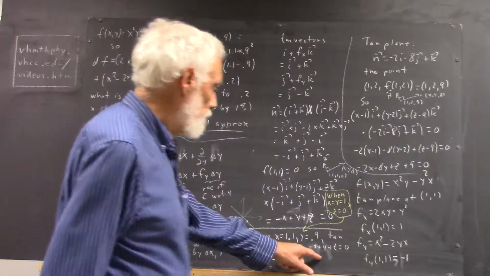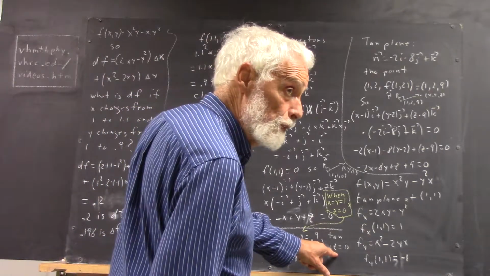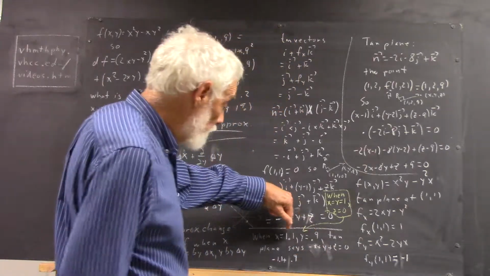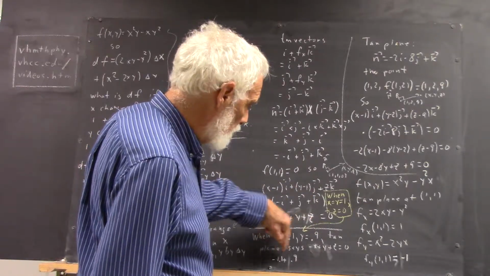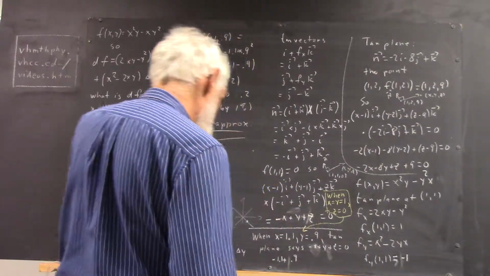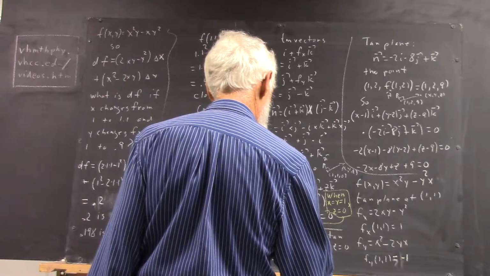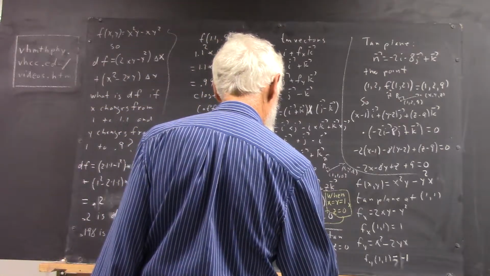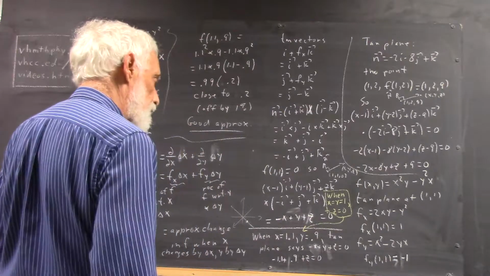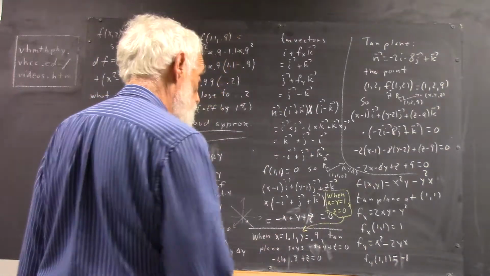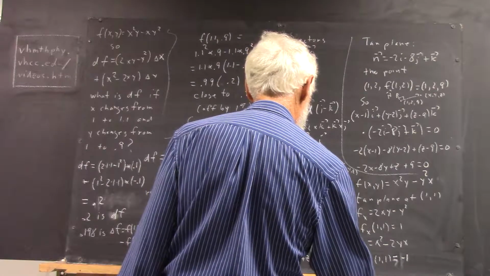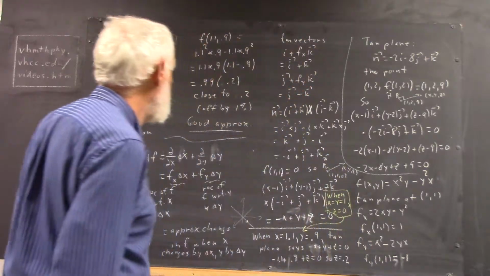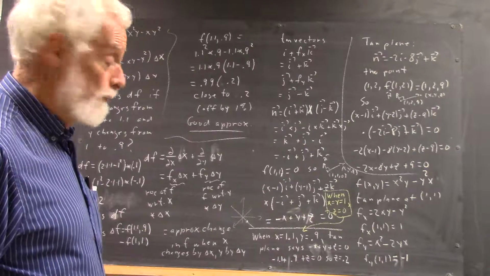If we're trying to see what the z coordinate on our tangent plane is when x is 1.1 and y is 0.9, we'd better use 1.1 for x and 0.9 for y, right? So we get negative 1.1 plus 0.9 plus z equals 0. So z equals 0.2. Okay.